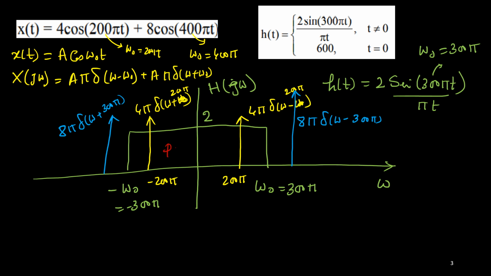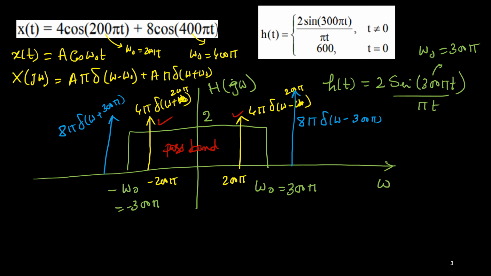Remember this is the pass band of this filter, so the signal can pass. It's an ideal filter, so the amplitude is not modified, it is uniform for the frequency range, but it is amplified by 2, that is one important thing that you should make a note of. So this 4 cos 200 pi t can pass through the system, and amplitude 2 is simply multiplied, right?